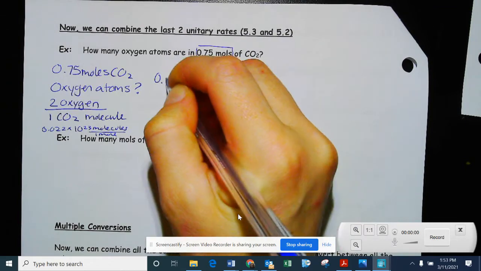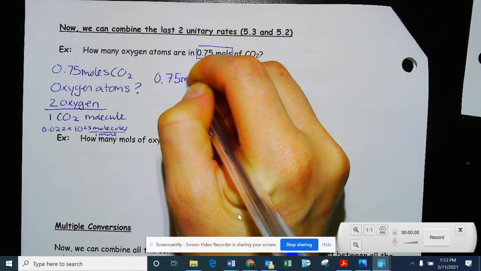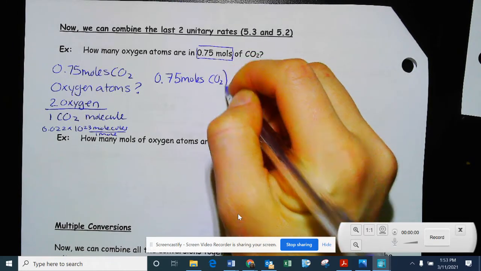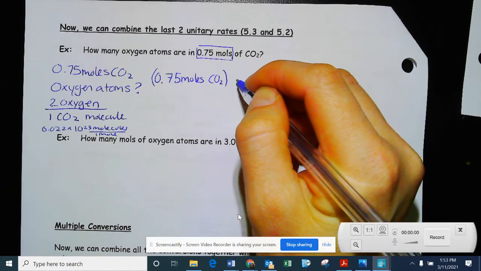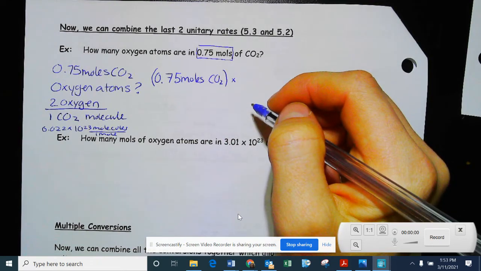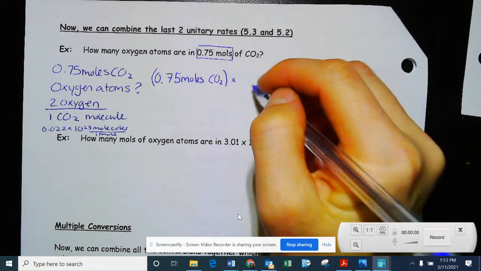So I'm going to start off with this 0.75 moles of CO2. And it does not matter hugely what order we do this in, but let's just start off by getting from moles to molecules.